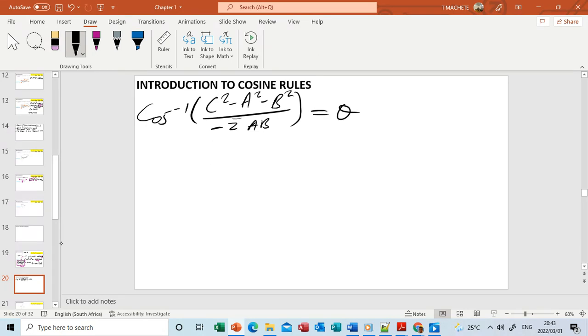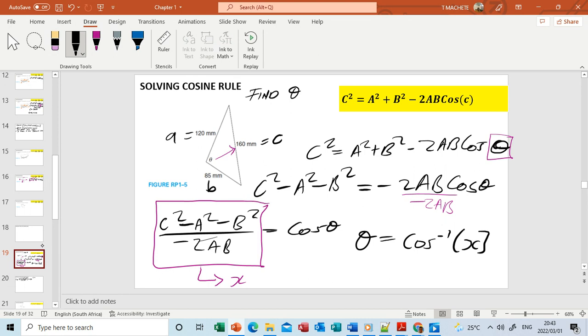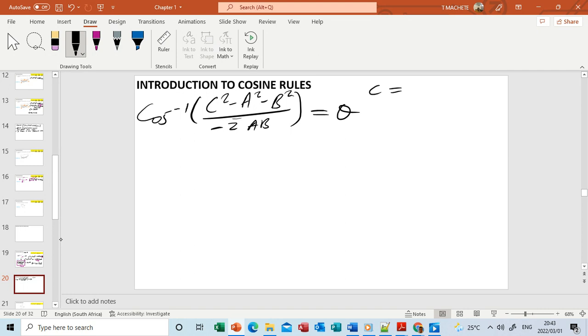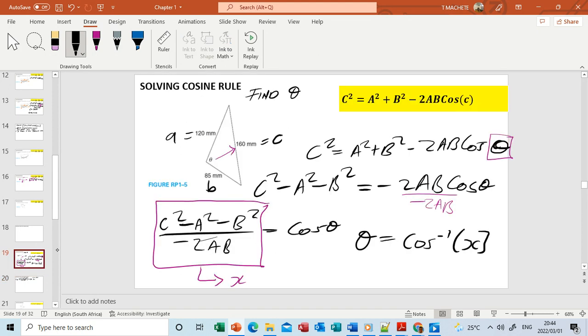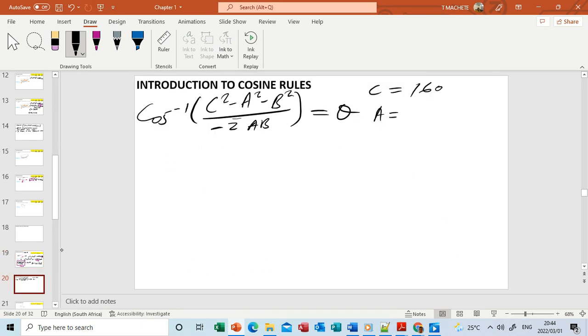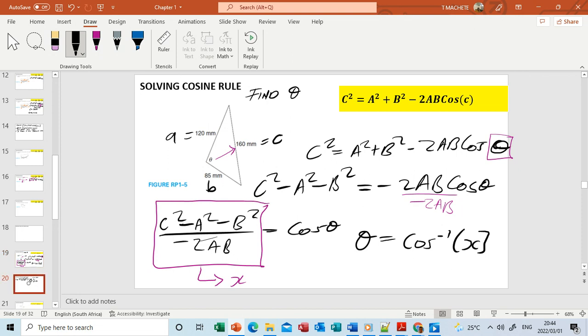So you can substitute your values. You go back and check what your c was. Your c was 160. I'm not going to write the units, I'll write the units on my final answer, because your answer is in degrees. Then b is 85, and your a, I think, is 120.